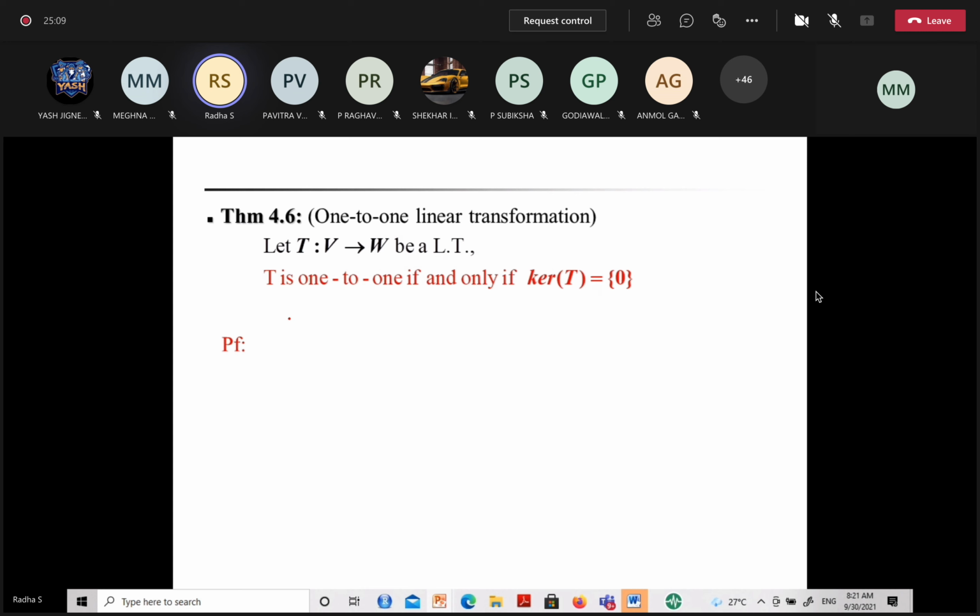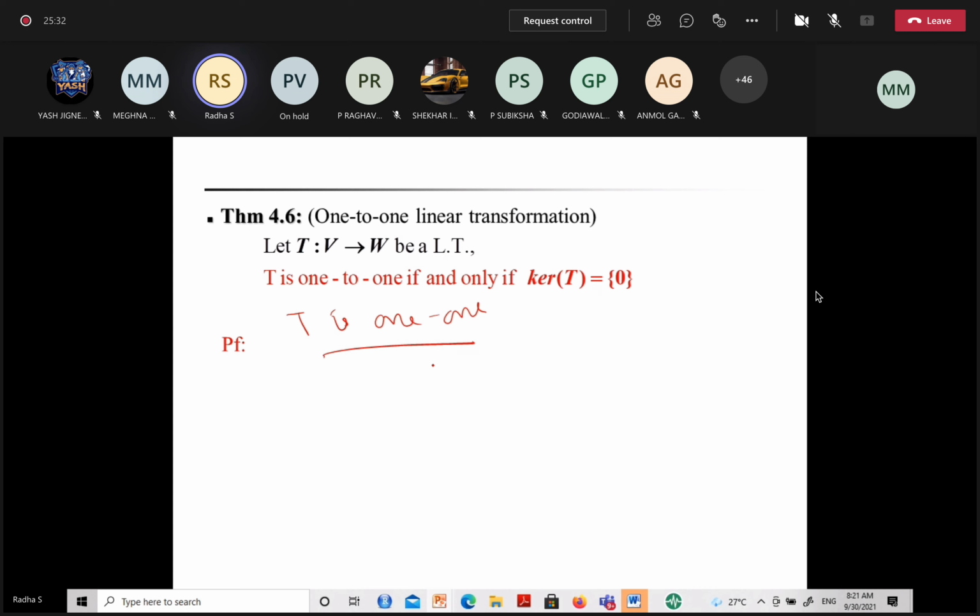That means if you assume that T is 1-to-1, you have to prove that ker T has only one element, that is 0. And if you assume that ker T has only one element 0, then T is always 1-to-1. Okay, suppose I assume T is 1-to-1, how would you prove ker T is 0?